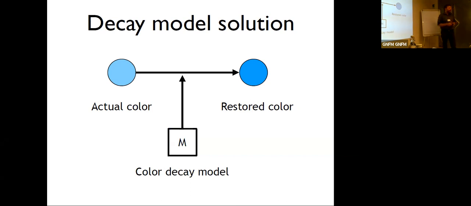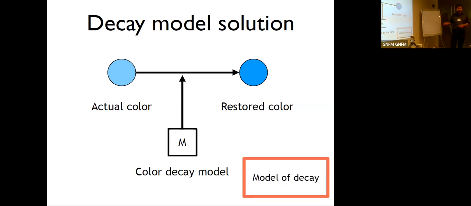And so maybe this idea of having a model of decay can be of help. Films are made of pigments and colorants, and we can characterize them from a chemical point of view, and then we can try to see how the decay goes. And here is a very mathematical issue, because the model of decay is very important for us.